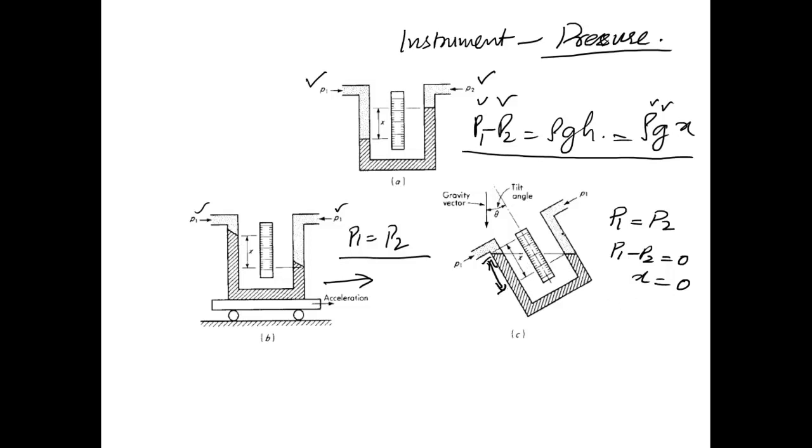Again, we know that P1 is equal to P2, but because of this tilt angle, which is the modifying or interfering input in this case, it gives us an output which is not equal to 0. So such things have to be taken care of with the instruments, and that's the point of concern here.